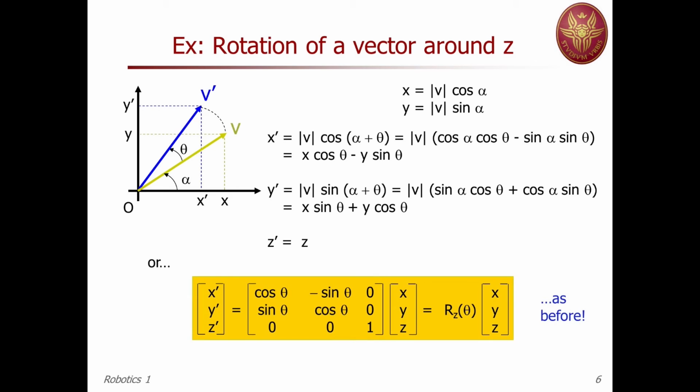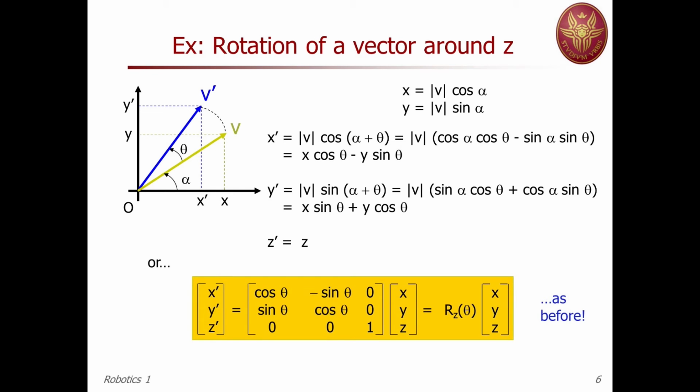If I reorganize things in a matrix way, no surprise, I have found, as before, that the coordinates of the rotated vector with respect to the original coordinates are just obtained by the elementary rotation matrix around the z-axis.